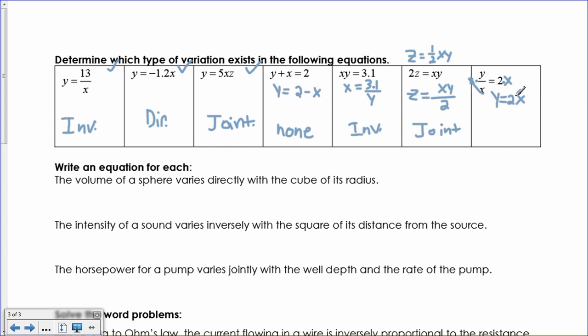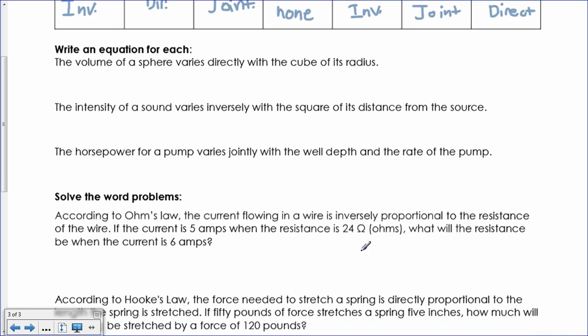And that ends up being multiplication on this side, which would be a direct variation. Alright, so always make sure it's solved for one of the variables. It doesn't necessarily have to be a y, but just make sure you have one variable on the left and then everything else on the right, and use that setup to determine what type of variation. All right, so for word problems, we're not going to be using x and y in our skeleton equations.